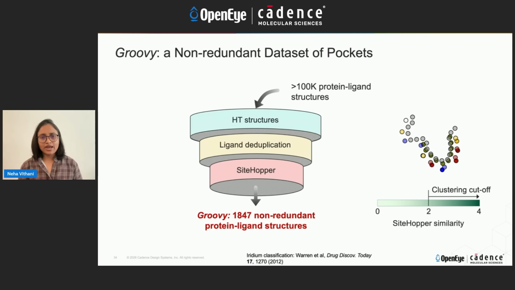We use a 3-layered approach to prepare a non-redundant dataset of protein-ligand structures. We start with more than 100,000 protein-ligand structures. We first select high-quality structures that have a high Iridium score at the ligand binding site. Next, we apply ligand deduplication to remove pockets that bind to identical ligand molecules in identical positions. Finally, we apply SiteHopper similarity-based filtration to remove redundancy by identifying pockets that have highly similar shape and chemical features.